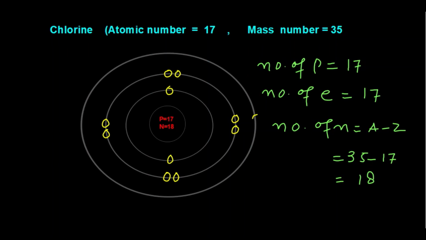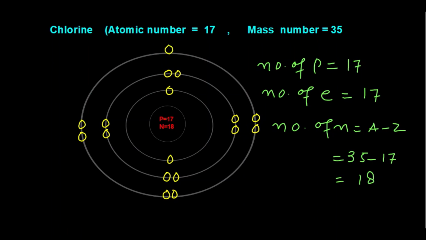Now in M shell, the remaining electrons which are left, 7 electrons, so we write 7 electrons in third shell, which is known as M shell. So in the M shell we have 7 electrons. We write 7 electrons here. 1, 2, 3, 4, 5, 6, 7.